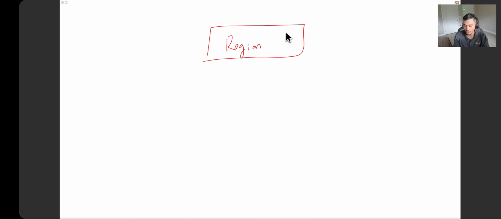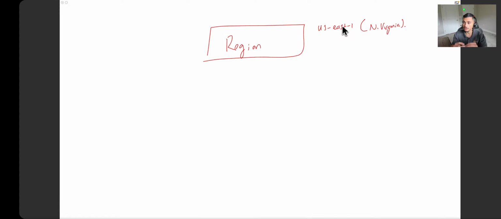An AWS region. And an AWS region is just a geographical location around the world where AWS services are accessible from, right? So you might have seen me use US East 1 as the region code, and that would be for North Virginia, right? So that would be the North Virginia region.